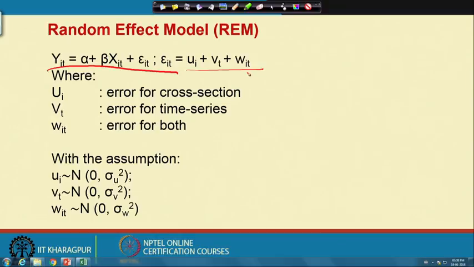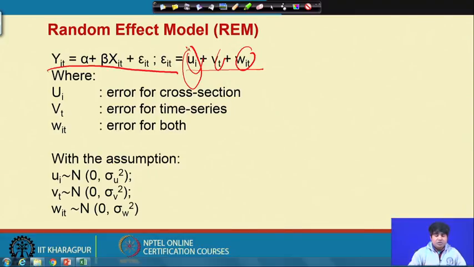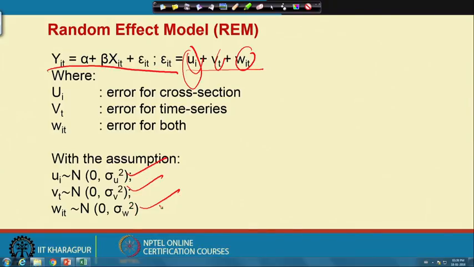As a result, the total error term is composed of u_i, v_t, and finally w_it. u_i is the error term dealing with the cross-sectional effect, v_t is the error term dealing with the time series effect, and w_it is the error term that pools both time and cross-section. Accordingly, it should satisfy homoscedasticity with unit variance with respect to u, v and w, and the cross-correlation coefficients, meaning the autocorrelation coefficients, should be equal to 0.